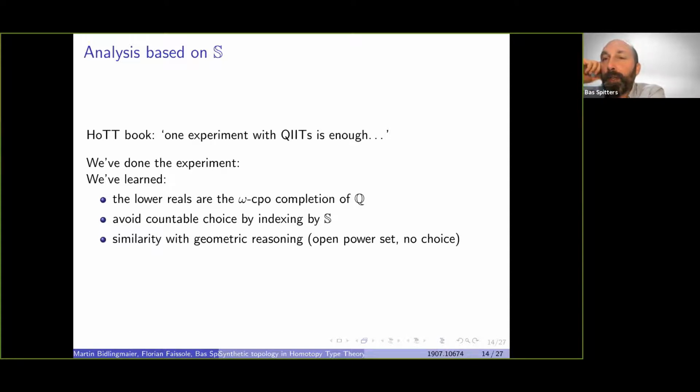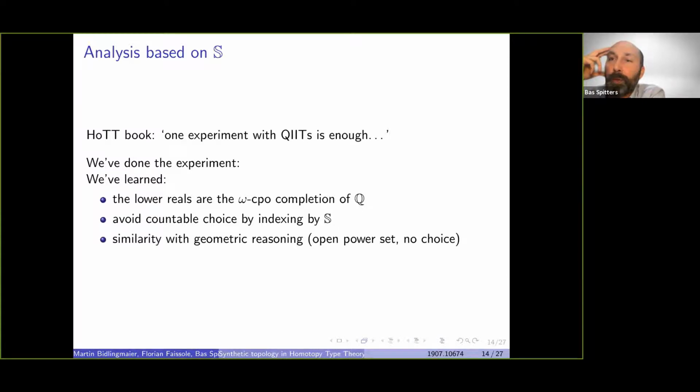Another thing that was observed is that much of this synthetic reasoning is actually very close to geometric reasoning, and here I mean geometric in the sense of geometric logic. So the logic or the mathematics that is preserved under pullbacks of geometric morphisms between toposes.